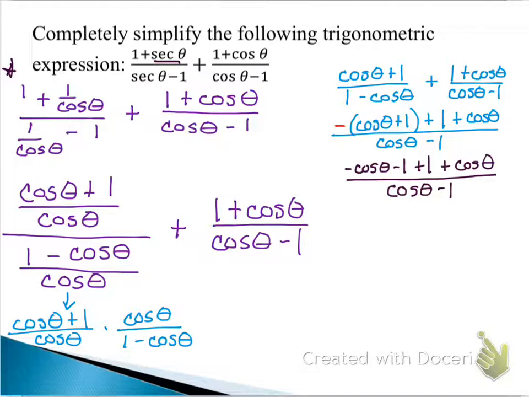And so on the left-hand side, I did the fractions, because if we were to get the single fraction, this would be over 1, and so we would be multiplying by cosine here and cosine here, and the same thing with here and here.